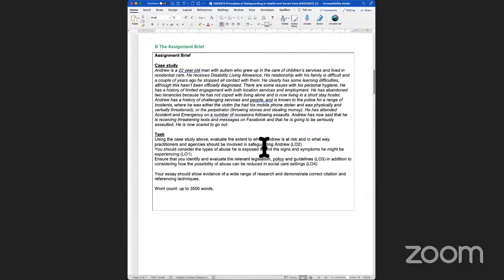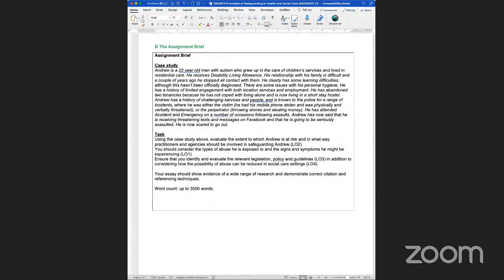Now, part B of the assignment brief talks about a case study. What is a case study? This is something we need to understand: why is a case study given, and what is a case study, especially when we study subjects like social care, healthcare studies or social sciences. You would generally find assignments which have case studies.